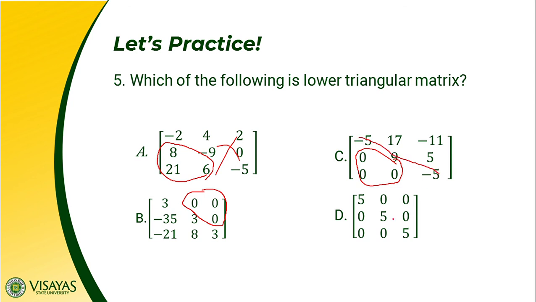But for letter D, although the elements below the diagonal are 0, this one is most suited to a scalar matrix. So this one is an example of a scalar matrix. And letter C is the best answer for this question.